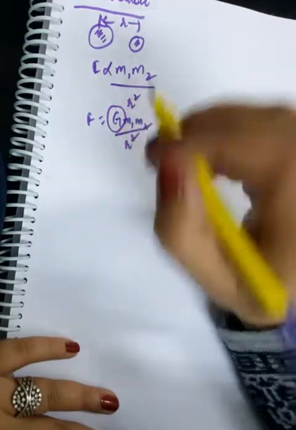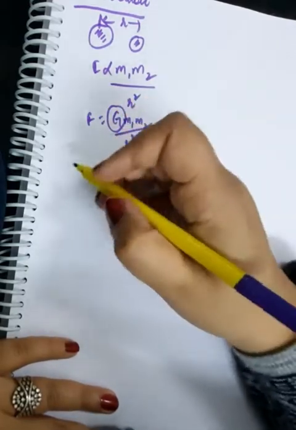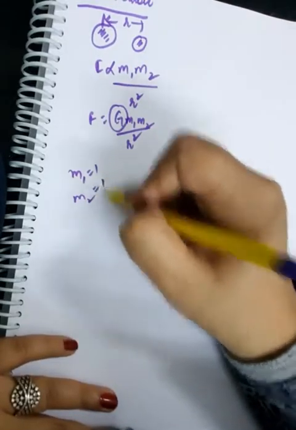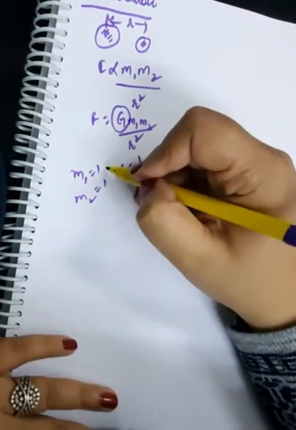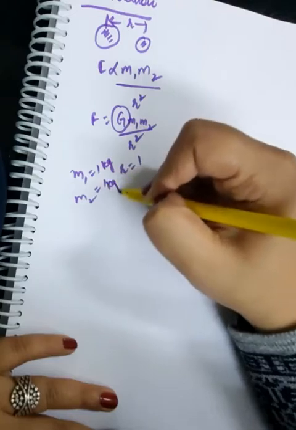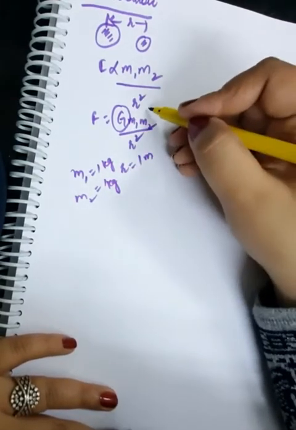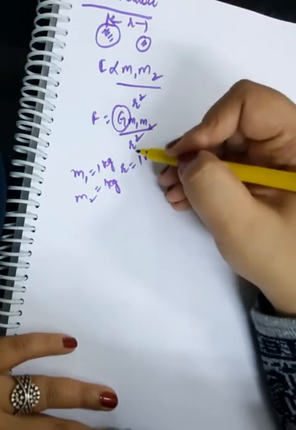But if you want to see what this capital G actually is, suppose m1 is equal to 1 kg, m2 is equal to 1 kg and r is equal to 1 meter. Okay. In that case, m1 is 1, m2 is 1, r is 1.